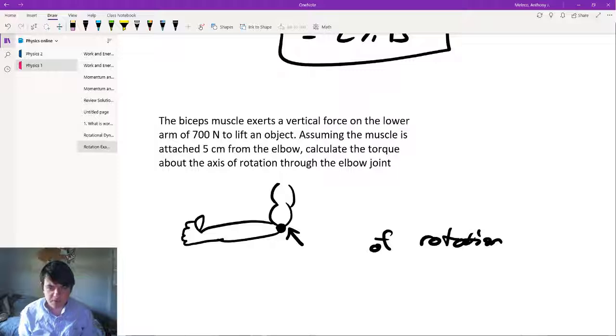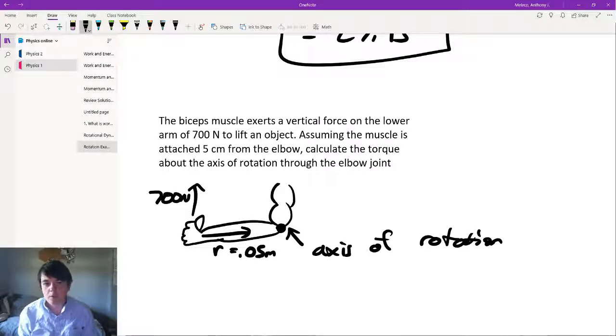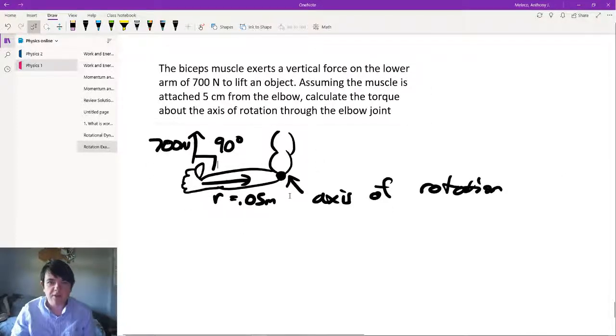Most of the time, a problem like this would be accompanied by an image, but I'm not good at drawing, so here we are. And we're exerting a force upward. So this is 700 newtons force, and this is our R, equals 0.05 meters. These are perpendicular, so 90 degrees from each other. And we want to calculate the torque through the axis of rotation.